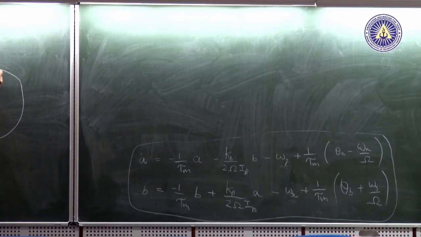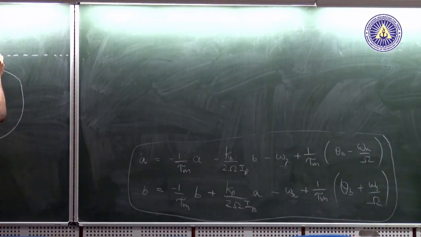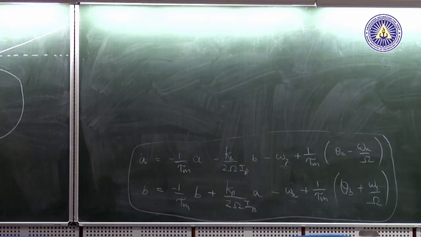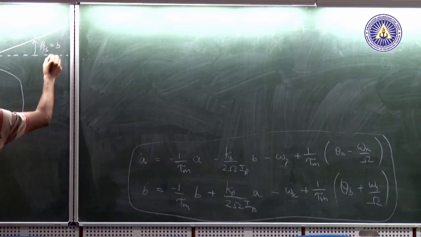I am a fuselage, and here is my main rotor shaft, and let's say this is my hub plane, and my rotor tip path plane looks something like this. This is my rotor tip path plane, and it is tilted at an angle of beta 1s, which I am going to denote by b.